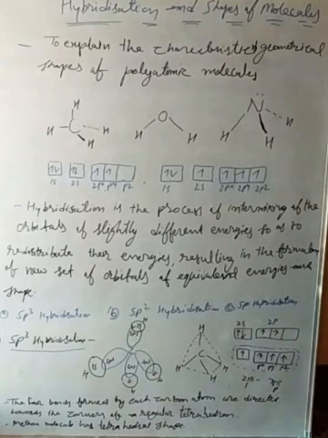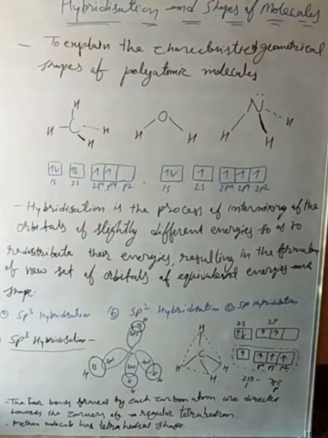Polyatomic molecules are formed when a carbon atom or any other element's atom combines with more than one atom in a fixed proportion.